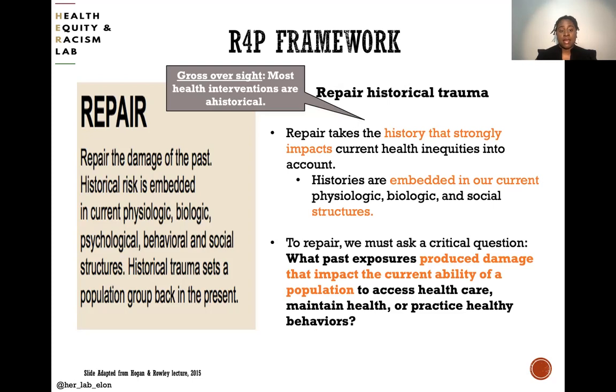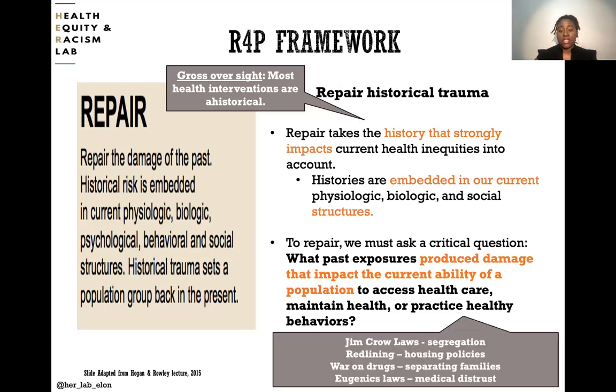So really examining that damage from the past. And there are many laws on a policy level that influence the ability for there to be equitable outcomes across populations, and that stem from the history that we have surrounding racism in this country.